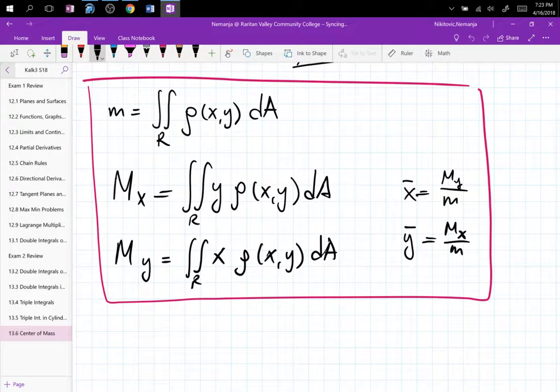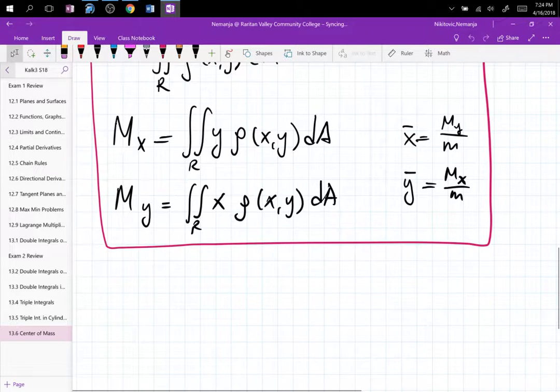Let's do 2 examples. I want to do one that is rectangular and one that is polar, so you can have both worlds. Variable density planes, two-dimensional plates. Okay, here is a good one.